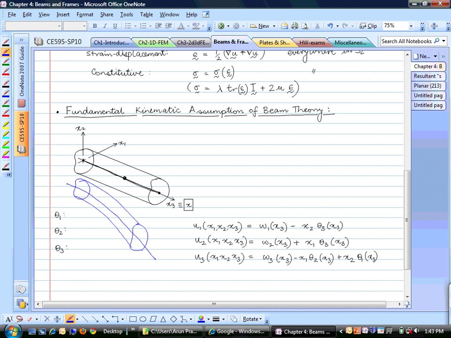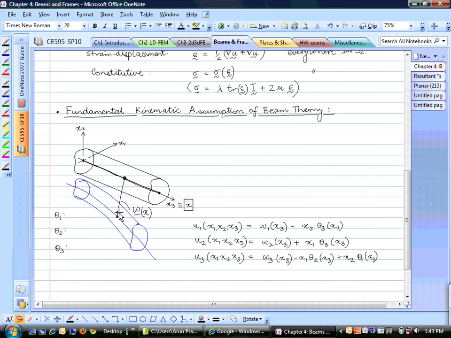Okay, so this is the center line, and if you try to figure out where this point goes, let's say this is the displacement of that point, and this displacement is going to be given by W of x3. So the idea is that if you have this sort of initial configuration, you apply some loads, each point along this centroid is going to go to a new location.